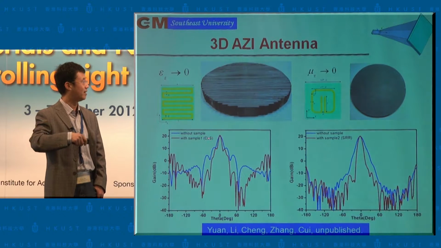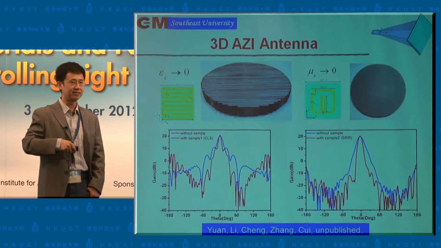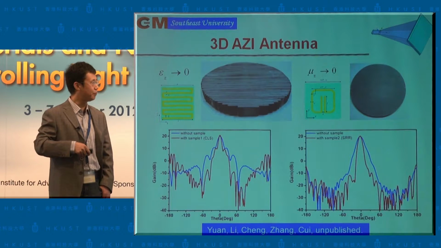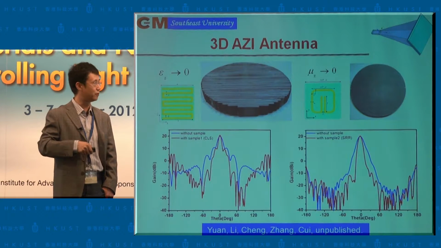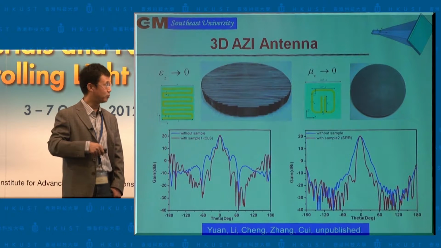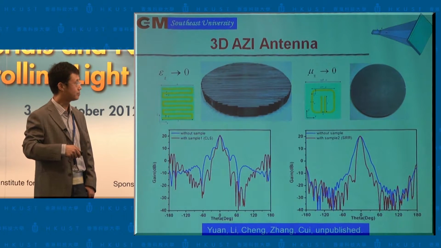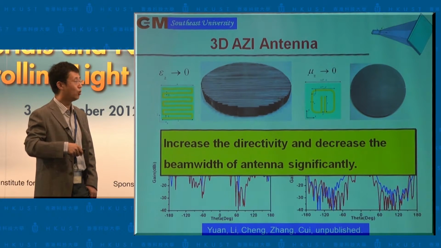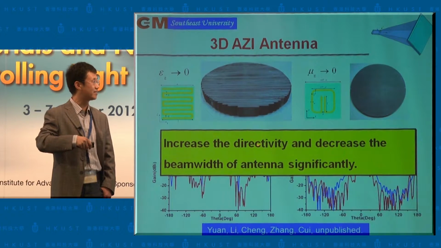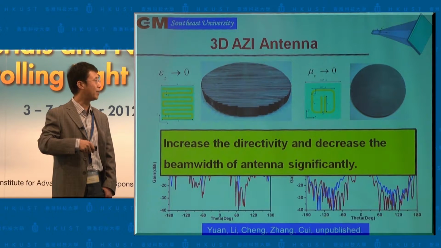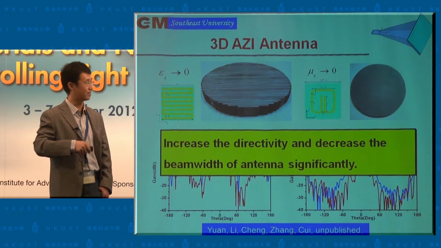This is with epsilon z near 0. We compared with the sample and without the sample. We can see the main beamwidth has greatly reduced. And this is also true for the mu z component equal to 0. So using the isotropic zero-index metamaterial, we can increase the directivity and decrease the beamwidth of the antenna significantly.